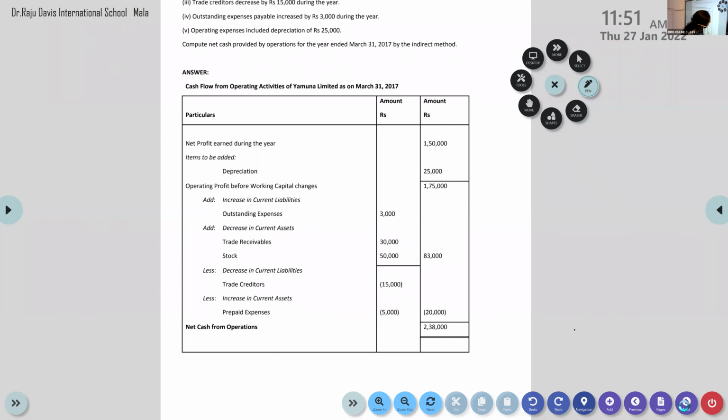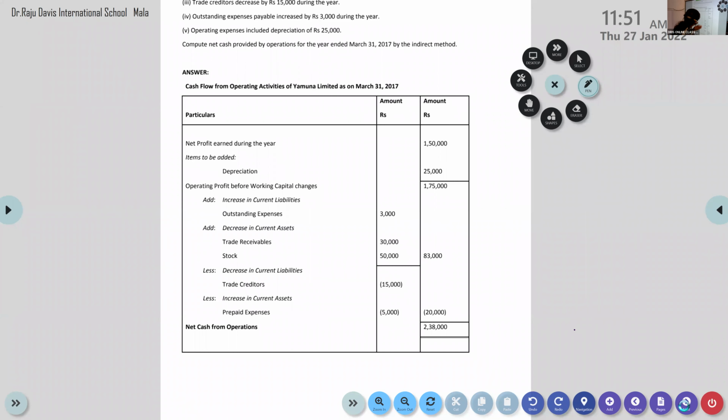Increase in current liability and decrease in current asset, you have to add.